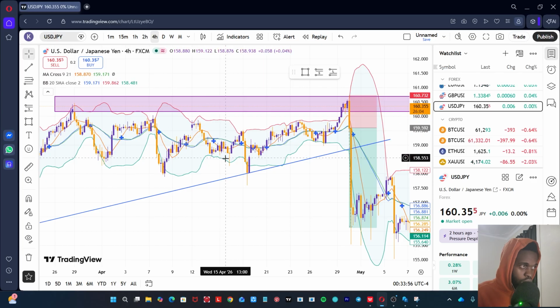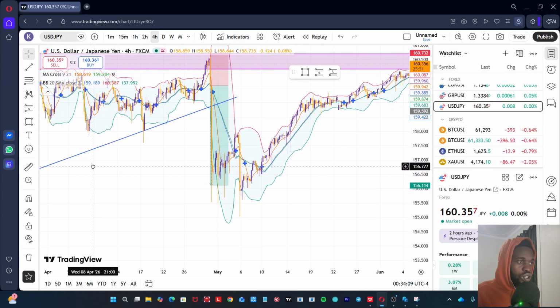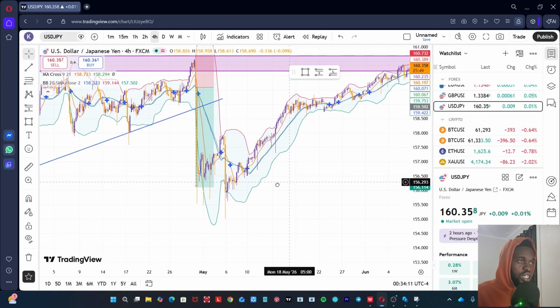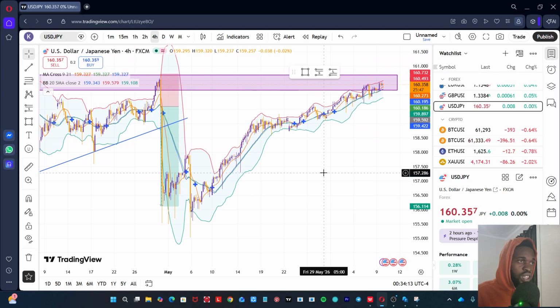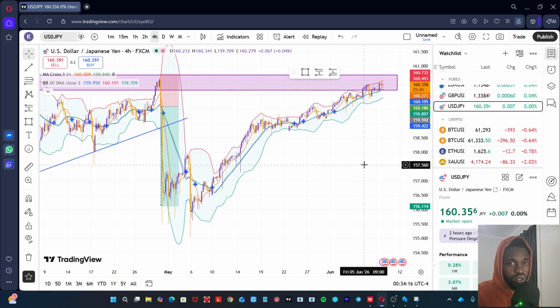It will push price down. And also when you get a rejection on the dynamic support, you can see a good rejection coming off of this. So all of these indicators can help you navigate the market like a professional.